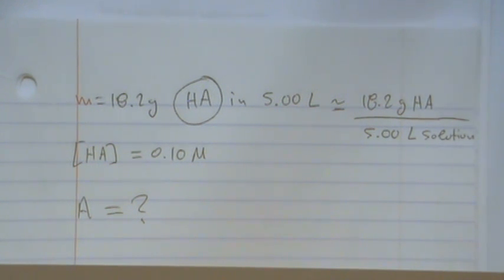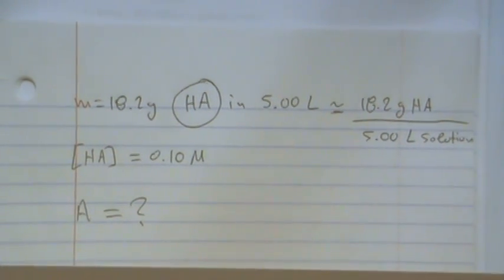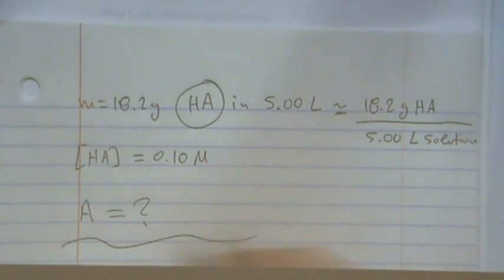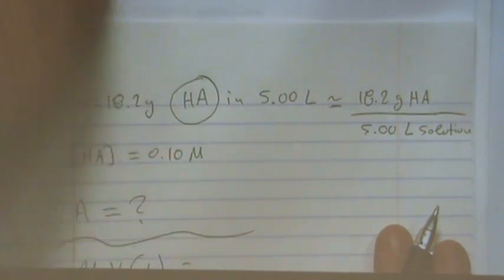Let's see. What do we know? We know the molarity and we know the volume, right? Here is the molarity and here is the volume. If you know molarity and volume, you remember that molarity times volume, if the volume is in liters, gives you the number of moles, right? Molarity is moles per liter.